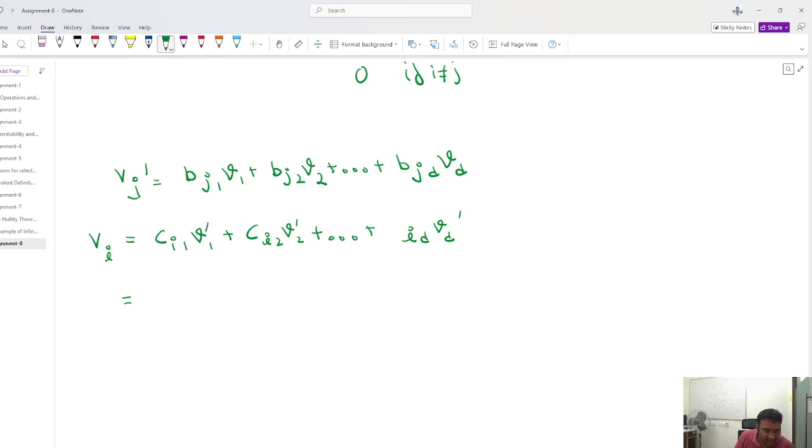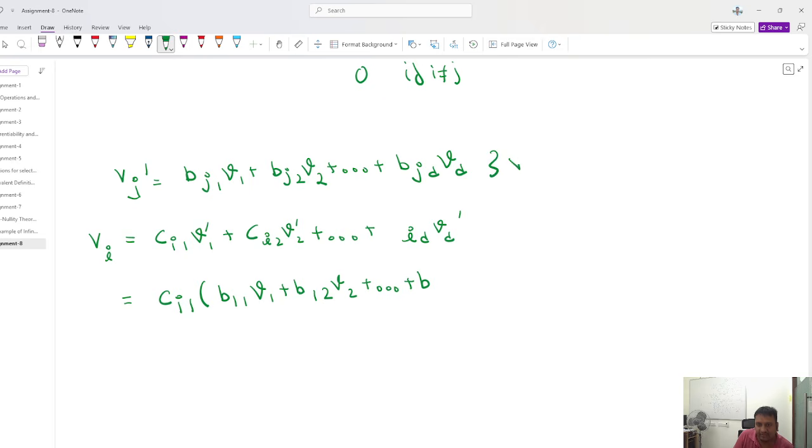So CI1, let us substitute the V1 prime's value, meaning B11 V1 plus B12 V2 plus dot dot plus B1D VD.